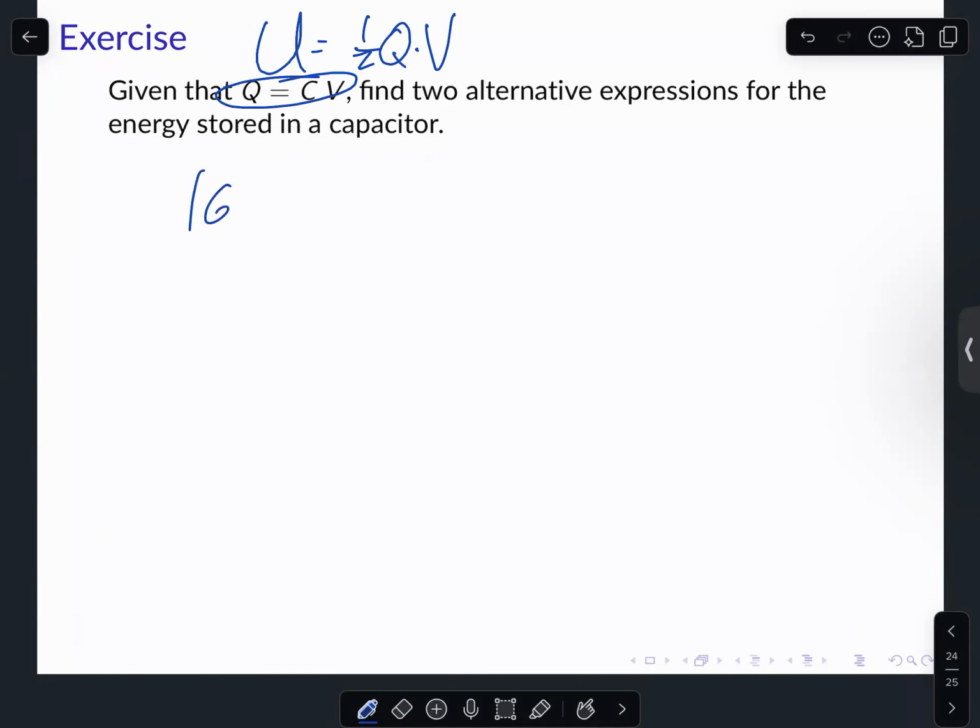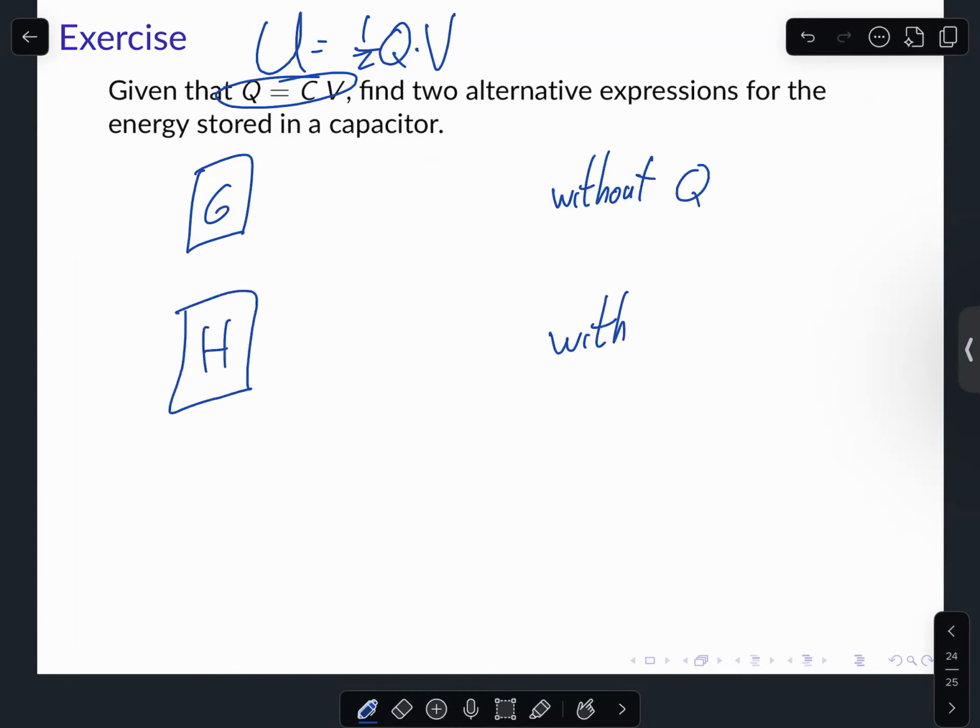I'm going to ask you to rewrite this without Q. And Google question H, can you algebraically rearrange without V? Potential energy in the capacitor equals blah. Potential energy in the capacitor equals blah. Sometimes one of these forms will be more useful, sometimes the other.